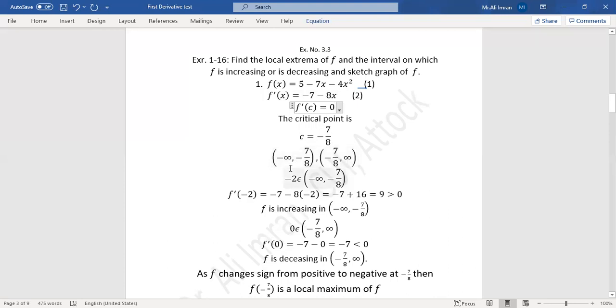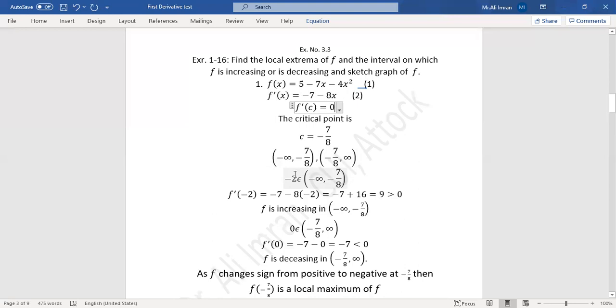Now, to check whether the function is increasing or decreasing in each interval, we will take a test value from each interval. First, we will take minus 2 from the interval minus infinity to minus 7 by 8. We can take any value in this interval, for example minus 3.